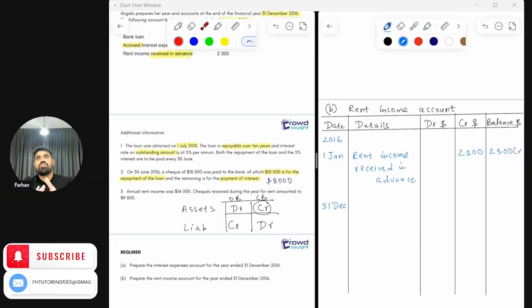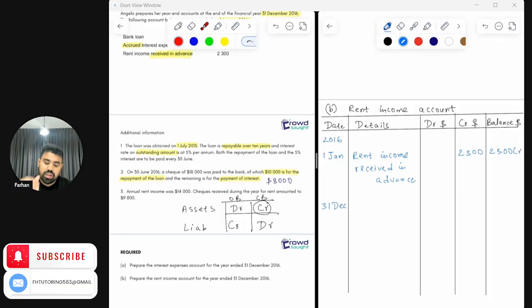When you're receiving checks, you're receiving money in your bank account, and your bank account being an asset account goes up in value, which means you have to debit it. So you would be debiting the cash at bank account by 9,800, but crediting the rent income account by 9,800.